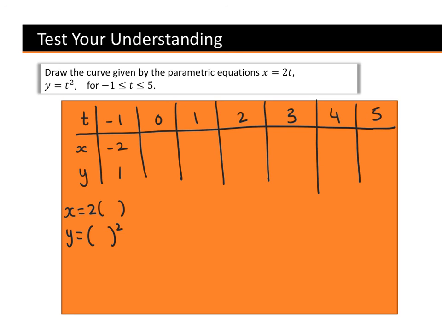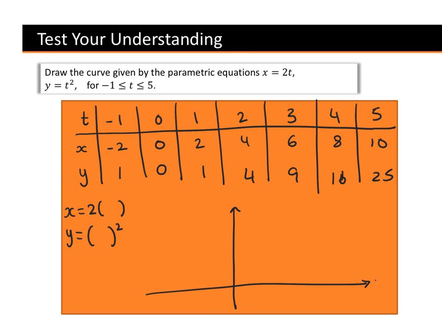Okay, so then I'm going to get 0, 2, 4, 6, 8, 10, because I could do that in my head. And then if I'm squaring everything, 0, 1, 4, 9, 16, 25. So now what I'm going to do is I'm going to sketch this. Now, I know that none of my y coordinates are negative because y is t squared, which is positive numbers.